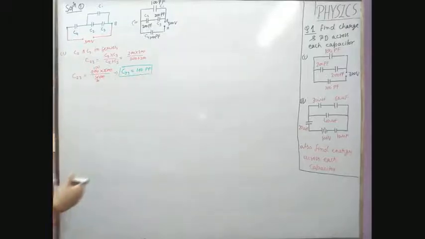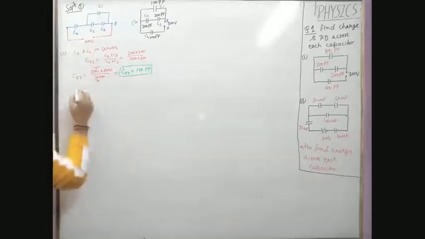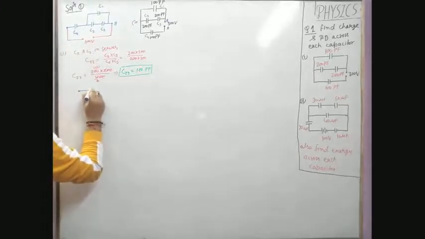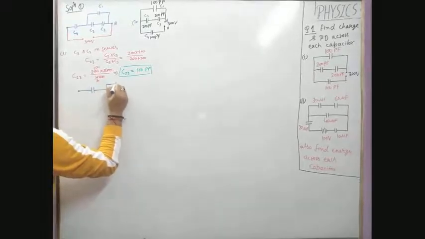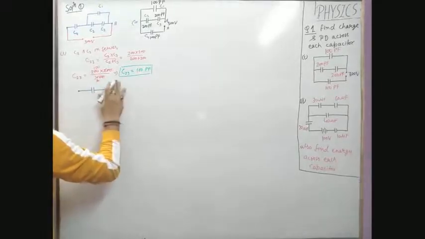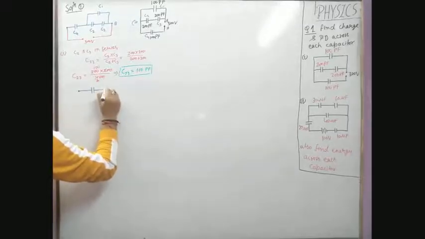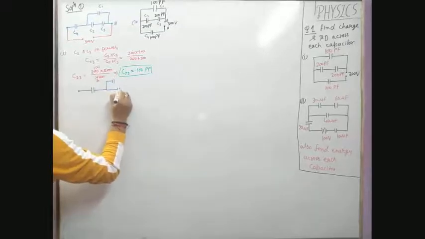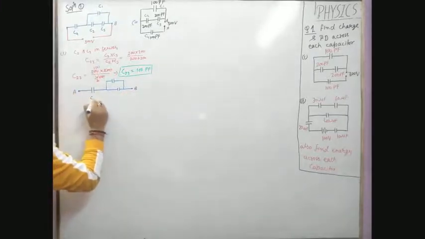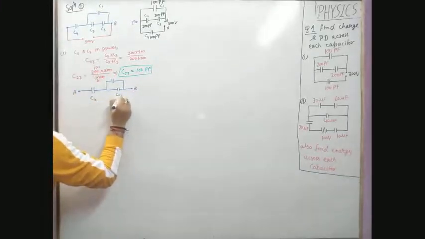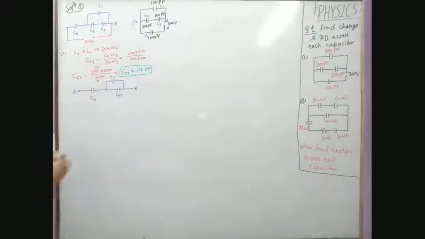This is the first situation. Then the circuit is reduced to, from point A to B, where this is C4, this is C23 and this is C1.